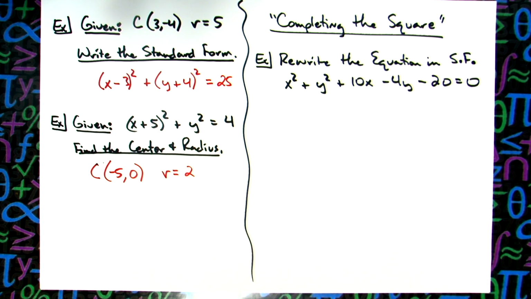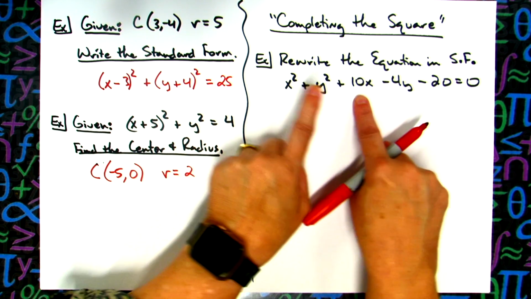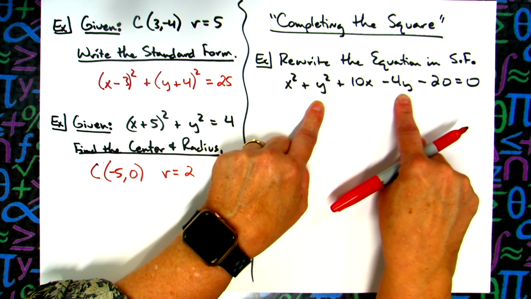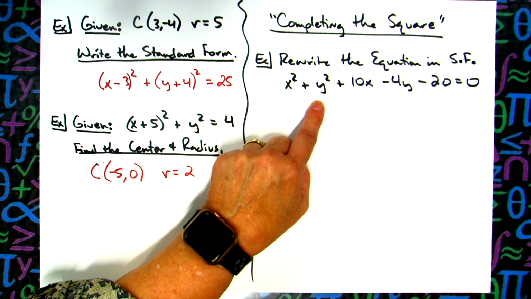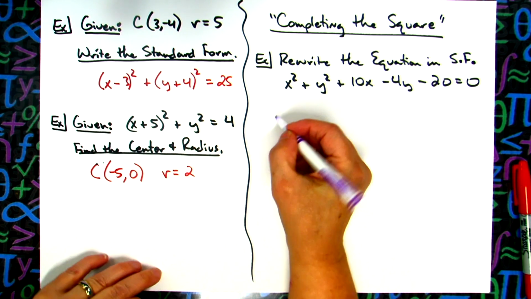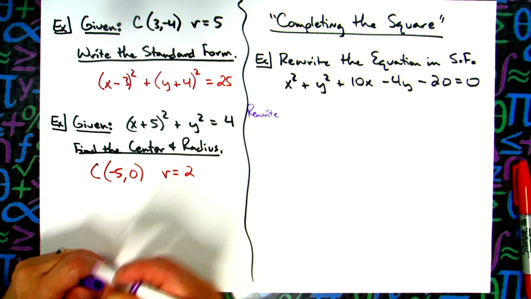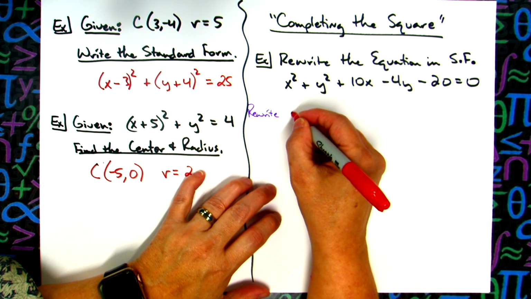First thing I'm going to do, I'm going to rearrange the terms. I want x squared and x next to each other. I want y squared and y next to each other. And this constant, I want moved over to the right-hand side of the equation. So all I'm going to do, and I'll put this in purple, this first line, is rearrange the terms.